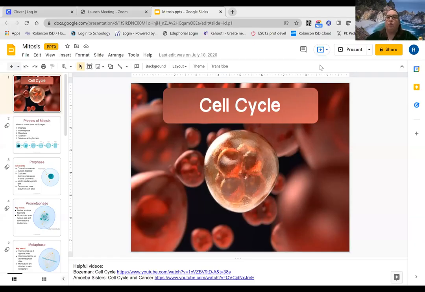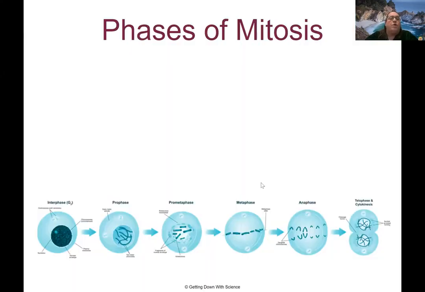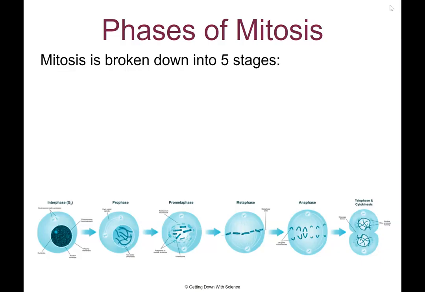Hey everybody, so we're here for this lesson to talk about the cell cycle again, but this time our focus is on mitosis itself. So when we talk about mitosis, we have a set of specific phases that are followed. It's broken into 5 key stages: prophase, pro-metaphase.